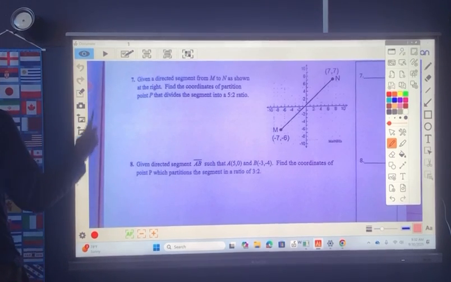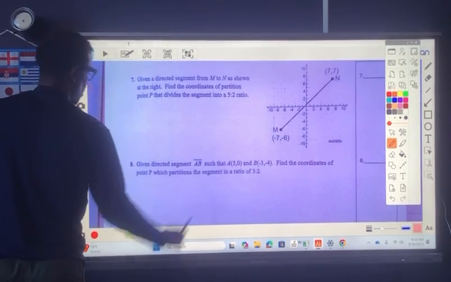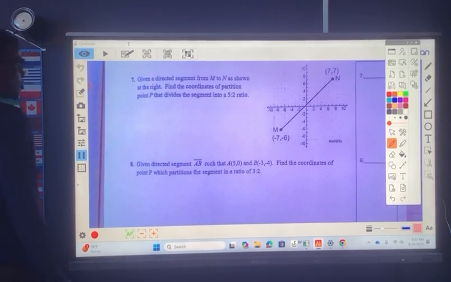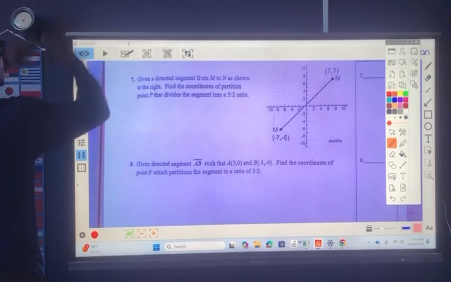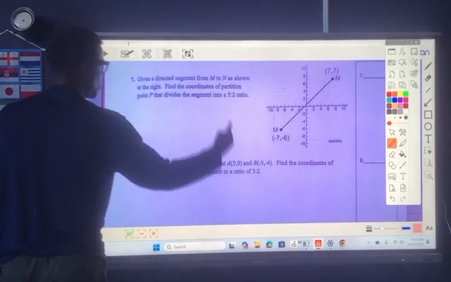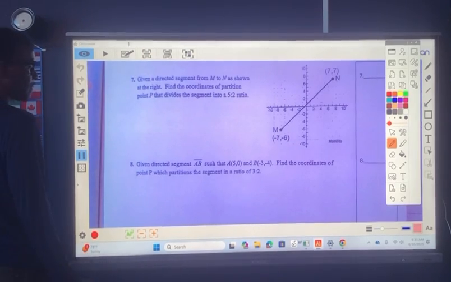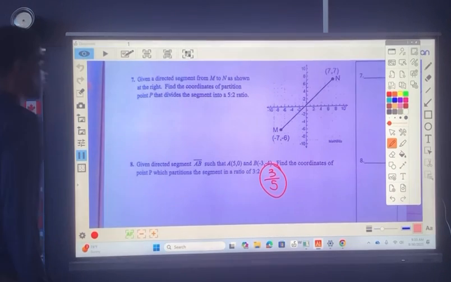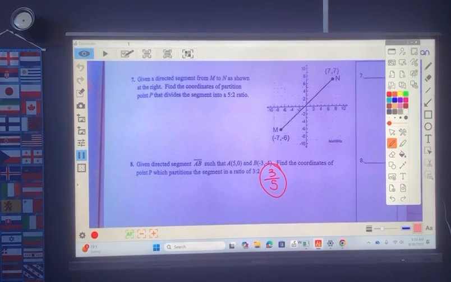The first thing we need to do is figure out what the ratio is. What's the ratio in number 8? 3 to 2. If it's 3 to 2, how many total slots is it? 5. But we want 3 to 2, so what fraction are we looking at? 3 over 5. So we're going to use the 3/5 ratio.